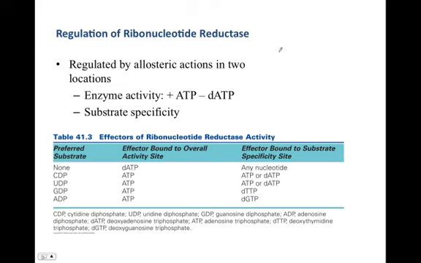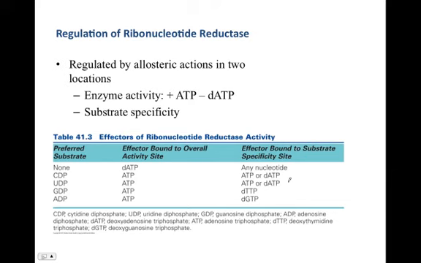The enzyme is activated by the presence of ATP. High levels of ATP bound to the site that regulates enzyme activity initiates enzyme activation. If dATP or deoxy-ATP is bound, the enzyme is inhibited. The substrate specificity shifts based on which nucleotide is bound to the effector site. This is summarized in the table here.